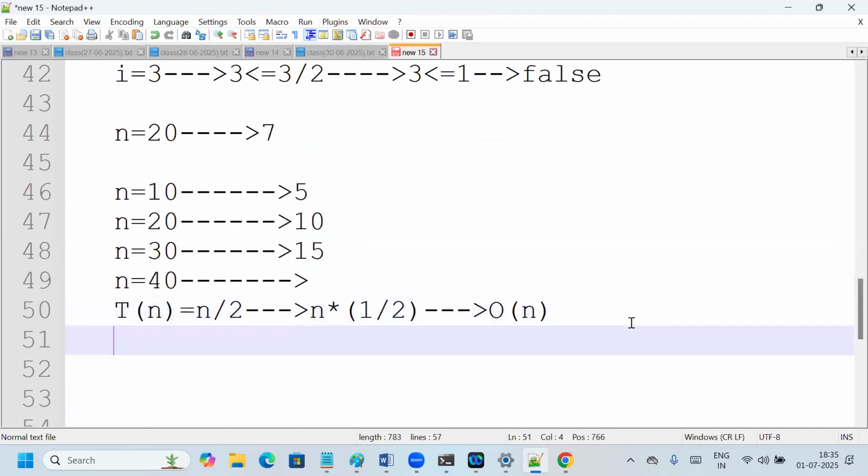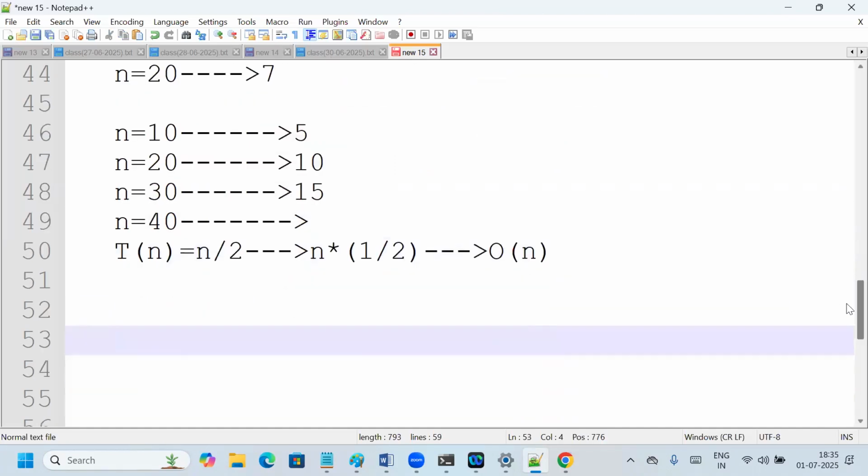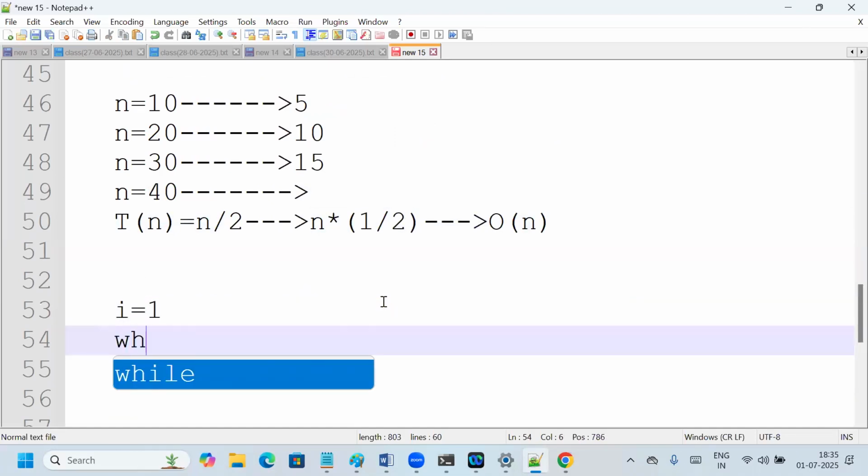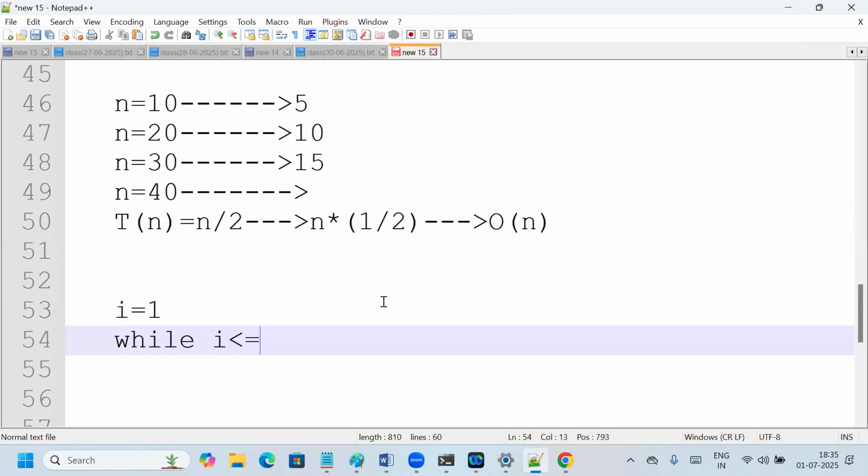And suppose I change this somewhat. I equals 1, while I is less than or equals to sqrt of n.